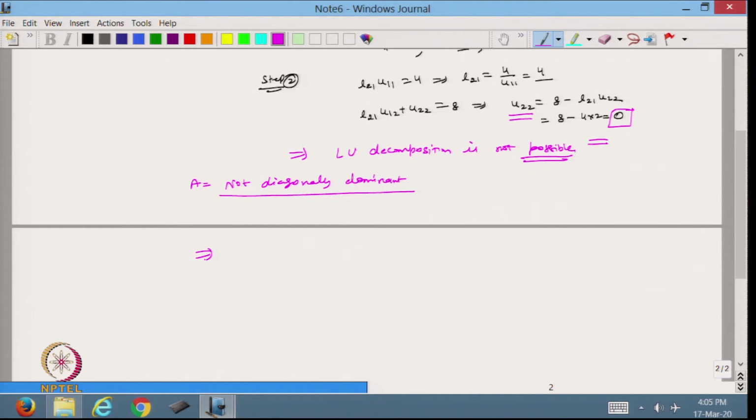From here, in the previous method where we took LU decomposition, I started with method 1, LU decomposition using Gauss elimination.